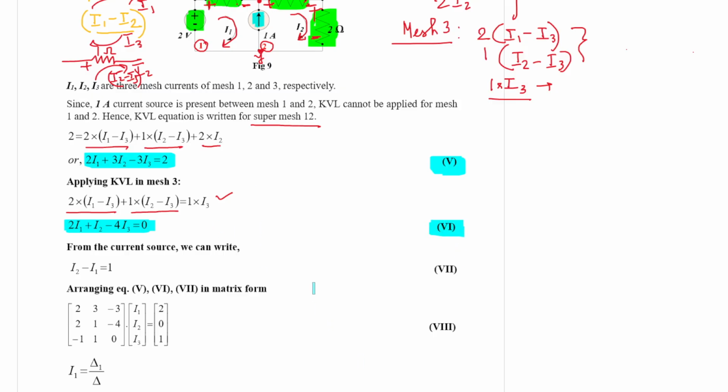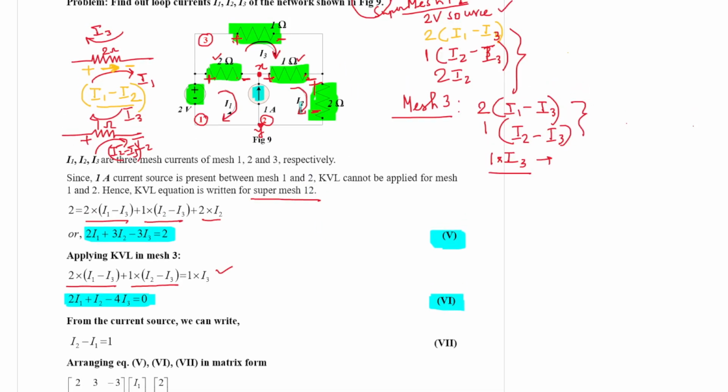And finally you have another equation from this 1 ampere source. Let us consider this current is I2 and this current is I1.